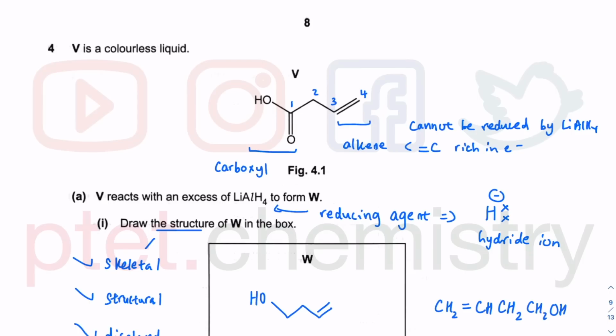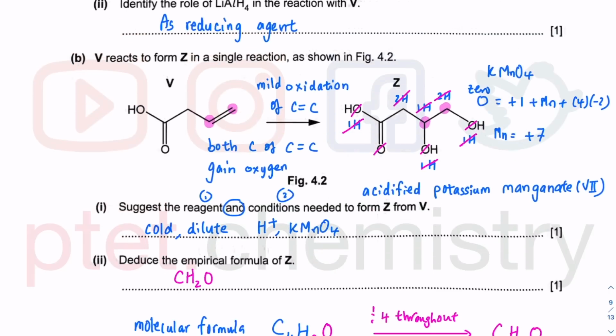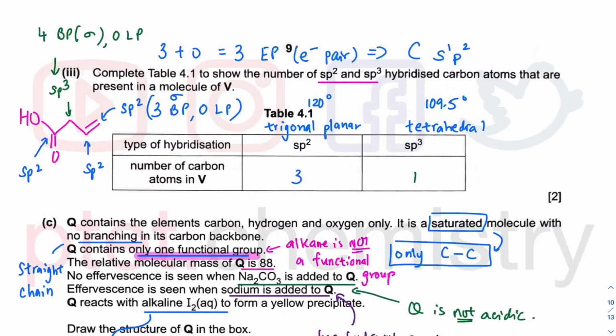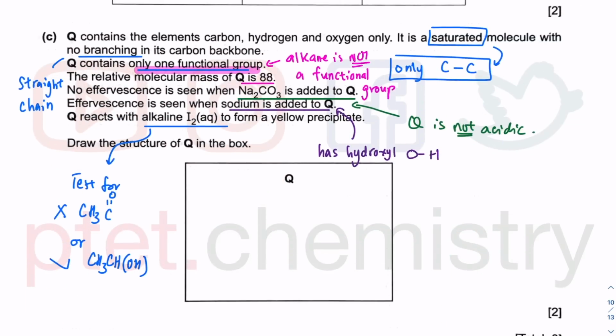And what do we know about V? V has got 4 carbons. Let's see. What do I know? I know I must have CH3, CHOH. The thing is, the rest must just be alkyl group because alkane is not a functional group.